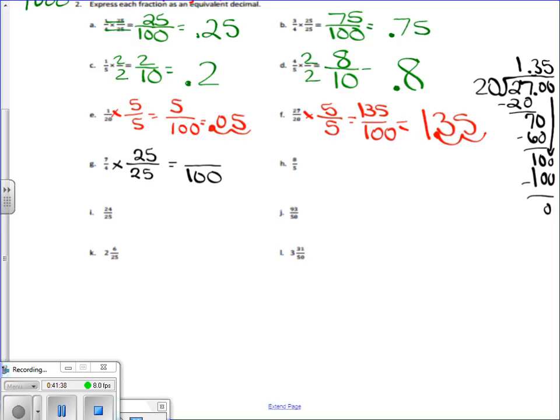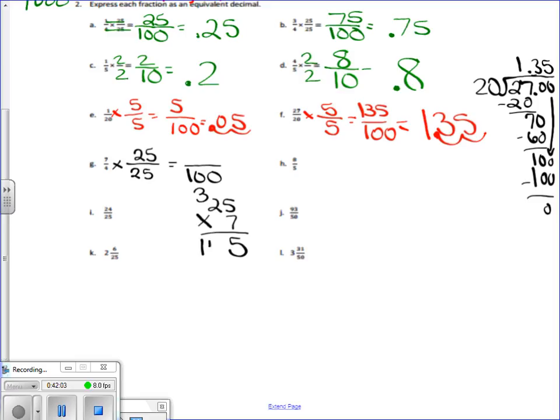7 times 25. Because 7 times 5 is 35. Write your 5, carry your 3.